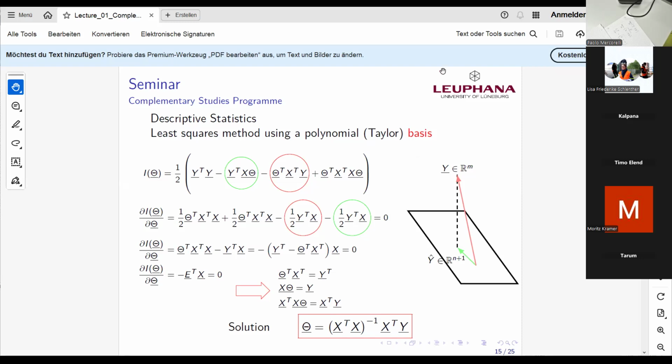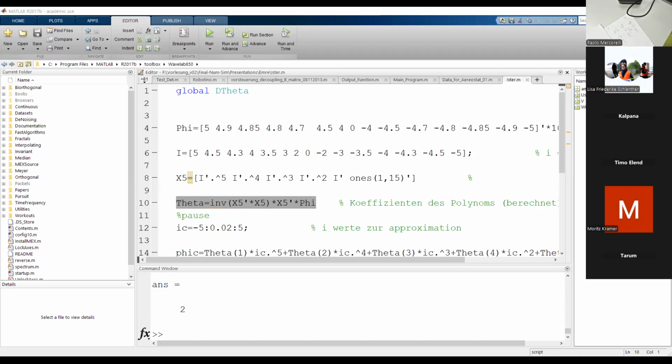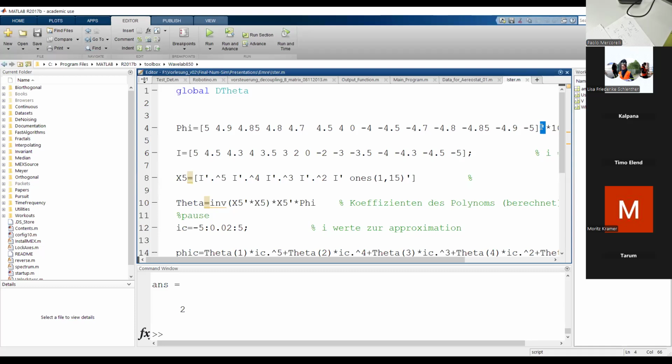Of course, if I don't have this apostrophe here, excuse me if I insist on MATLAB, but I know that not all students know MATLAB. If I don't have this apostrophe, I need an apostrophe here, because y, also according to our notation in the lecture, is a column. Okay, this is the solution already.